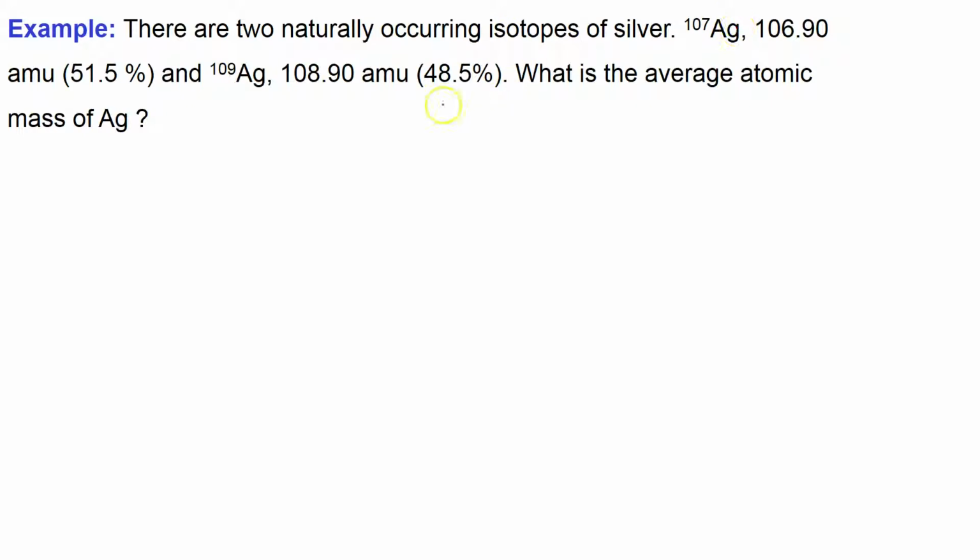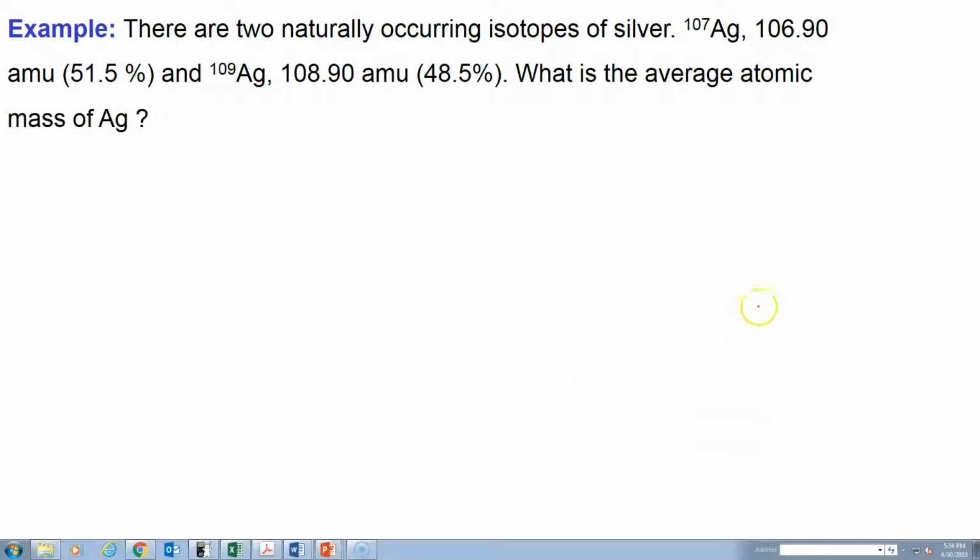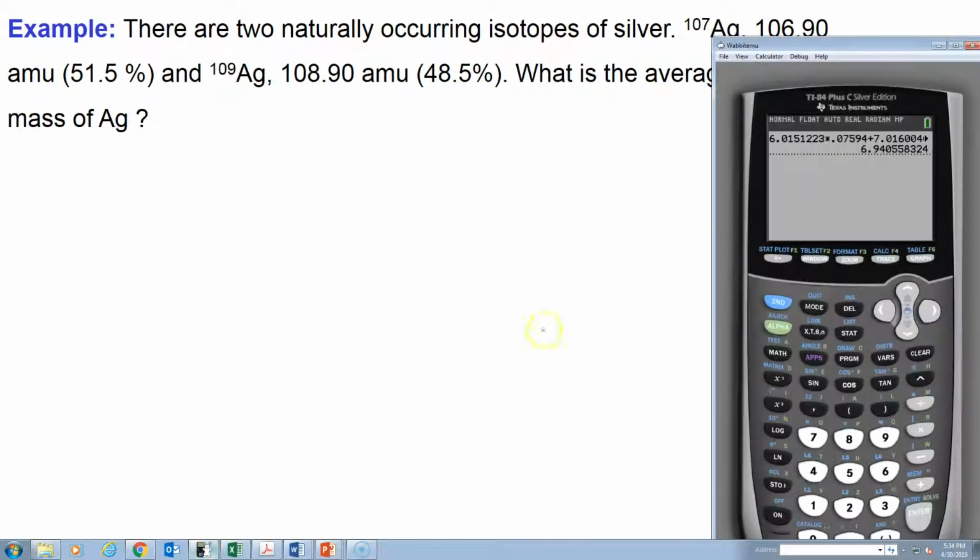So if I think about this, I've got an approximately 50-50 mix of 107 and 109. So I would expect that the average atomic mass would be around about 108, exactly halfway in between those two numbers. So I'll pop my calculator up again, and let's see what we get.